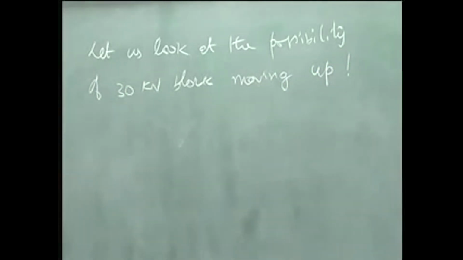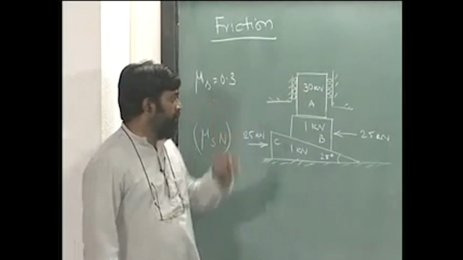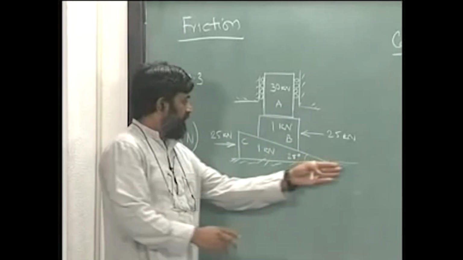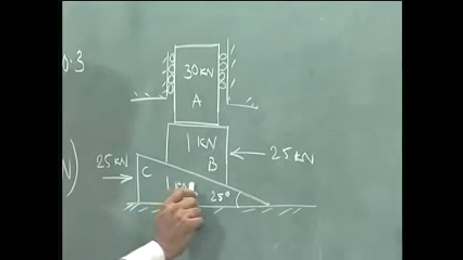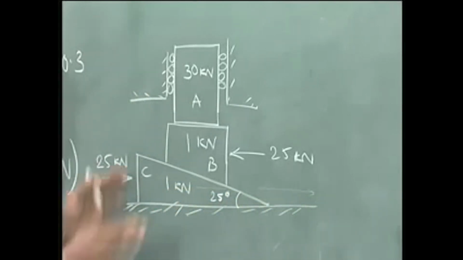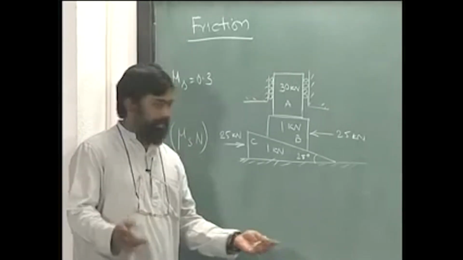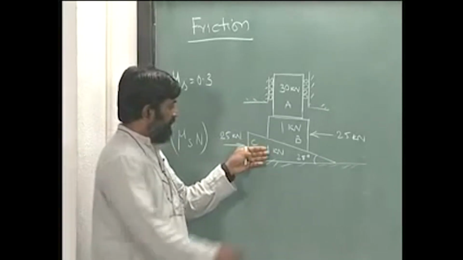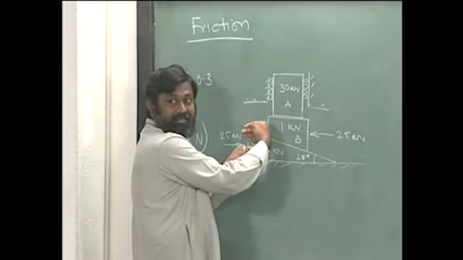If this has to move up, one possibility is A and B do not stick to each other, let us say, and this C moves to the right. That C moves to the right could push it up, that is one possibility. Is there any other possibility? There is another possibility, C could remain as it is, and B goes towards the left.